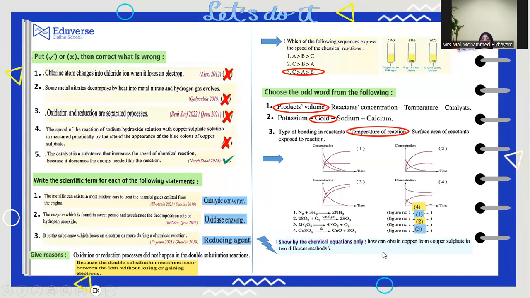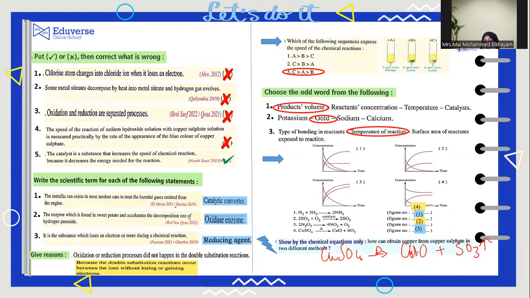Show by the chemical equations only how can you obtain copper from copper sulfate in 2 different methods. Okay, so if I have copper sulfate, how can I get copper? Just by heating, it will give us copper oxide plus sulfur trioxide gas. I still didn't get our copper.